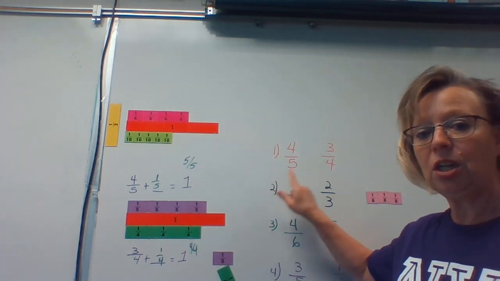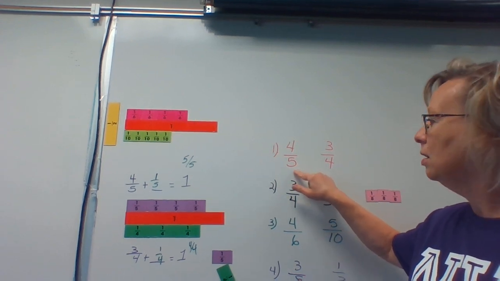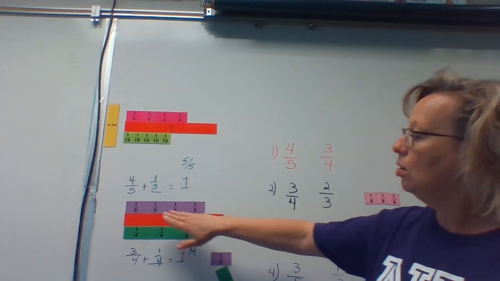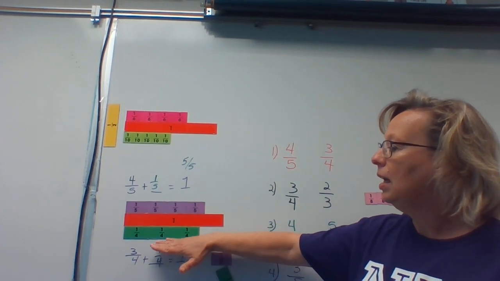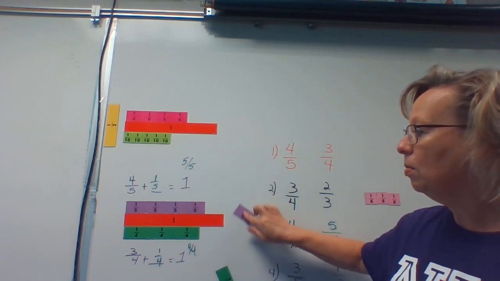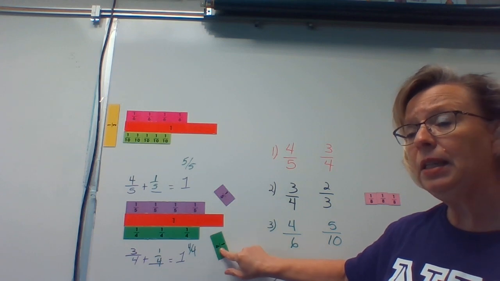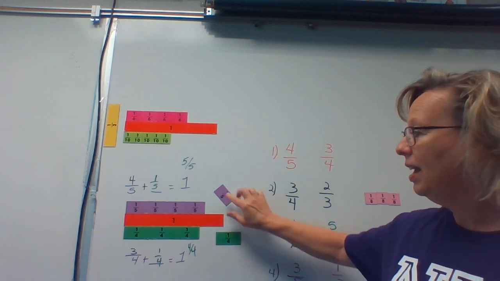So my first equation I have is, which is greater, 4/5 or 3/4? So right here I have 4/5, here I have 3/4. I know that this one needed 1/5 more to make the whole. This one needed 1/4 more.